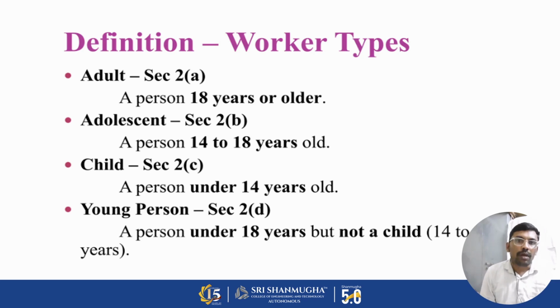A child comes under Section 2(c): a person under 14 years is called a child in the Act of 1948. A young person comes under Section 2(d): a person under 18 years but not a child, like 14 to 16. This is the definition of worker types based on the Indian Act.